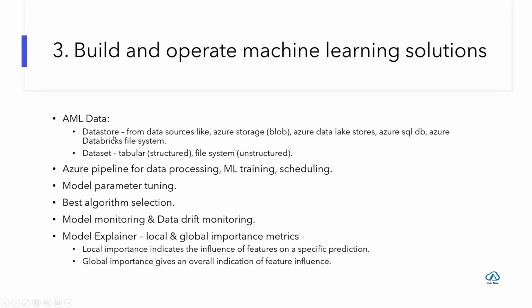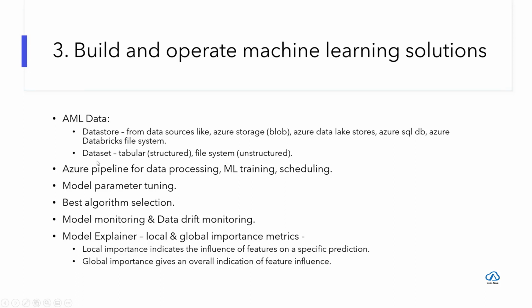On the datastore side, it is data sources like Azure blob storage, Azure Data Lake store, Azure SQL database, Azure Databricks file system, DBFS. These are the data sources supported as a datastore in Azure Machine Learning. All you need to do is link those sources as a datastore in your Azure Machine Learning, and done.